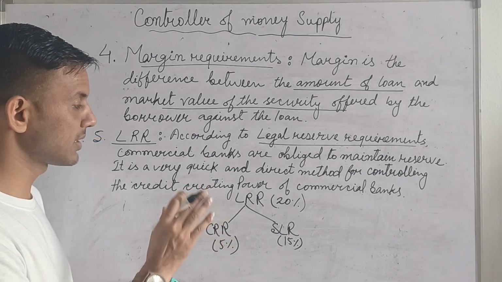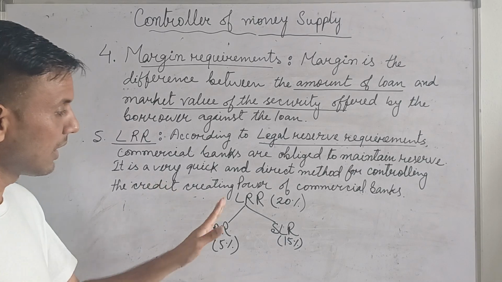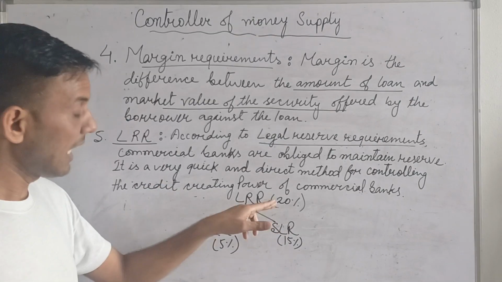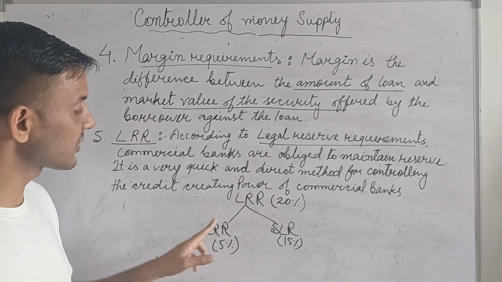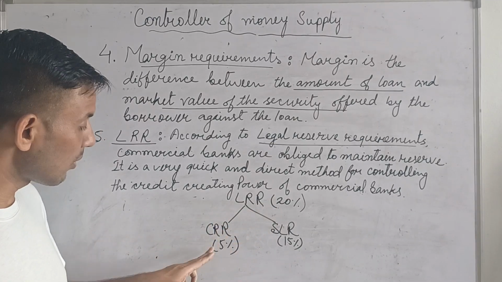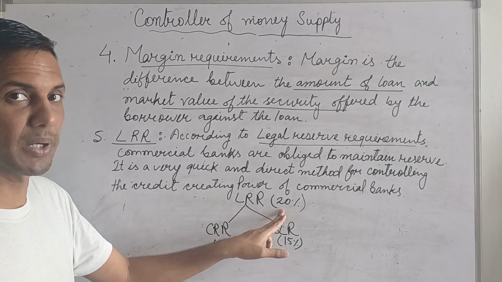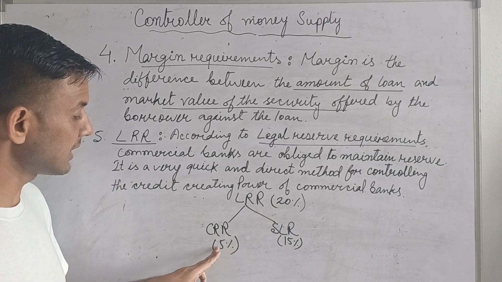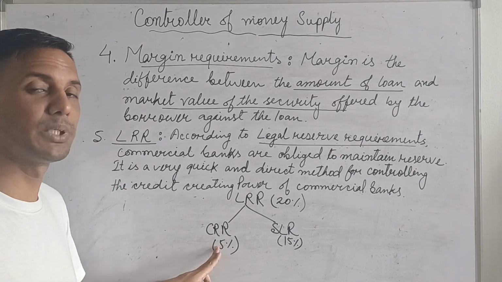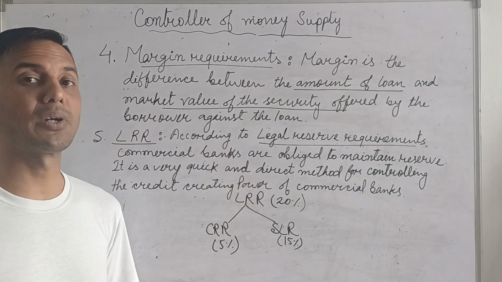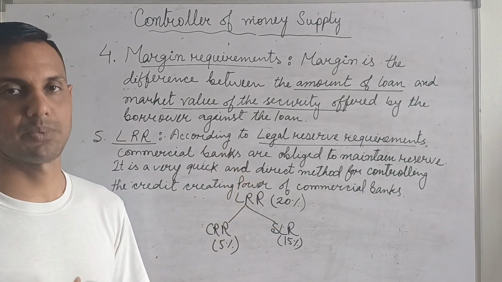So when one person deposits 1000 or whatever, 20% directly has to be kept as LRR. And they will divide it into two parts, CRR and SLR. Out of this 20%, 5% commercial banks will keep with RBI, and SLR is that portion which commercial banks will keep with themselves.